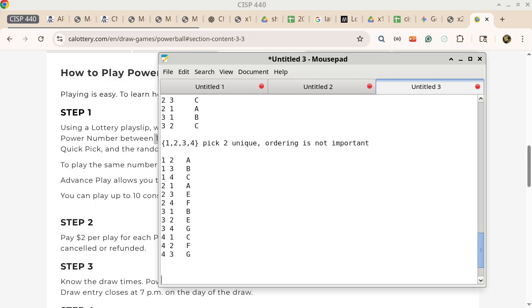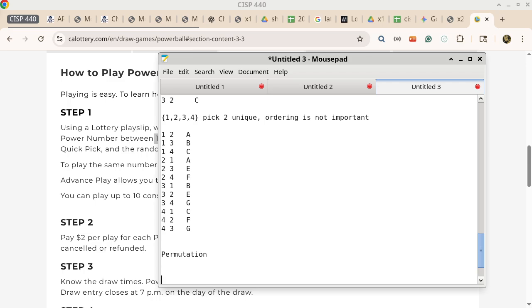We need to somehow come up with a way to do the counting, but without listing everything out. So the first thing is deal with permutation first. Permutation is basically saying, out of a set of something, pick two or three or whatever, and ordering is important.